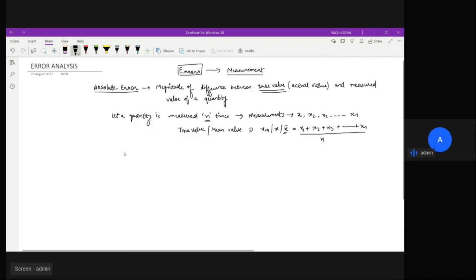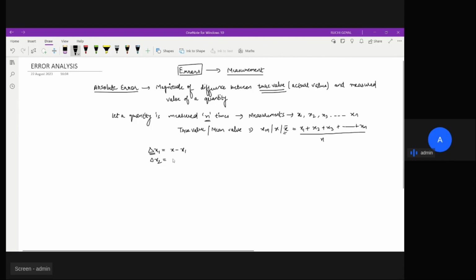So if we have to find the absolute errors, how can we find them? Difference between actual and measured value. Firstly for x1 we can write it as delta. Delta symbol is used for the error. Delta x1 will be x minus x1.